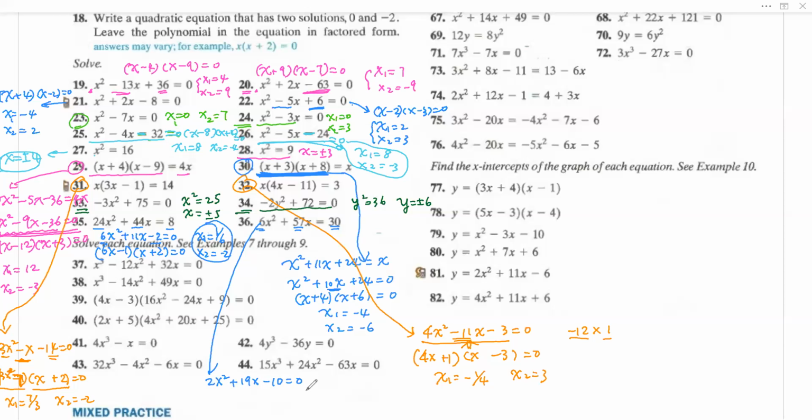So how to factor them? 2x, positive 10. We get a 20x, right? So we need x like this. So what's next? Here is negative 1. 2x squared, 20x, negative x, so we get the 19x, right? And the last one, negative 1 times 10, negative 10. So x1 is one half, x2 is negative 10.